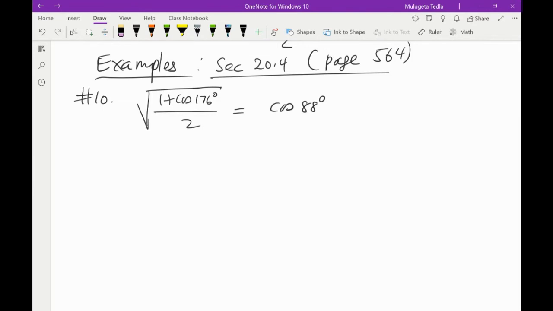So, number 12. Sir, I have one question. Yes. For the quadrant, like cosine on the second quadrant, it's minus, right? Yes. So the plus and minus follow which quadrant the angle is in, for the square root.